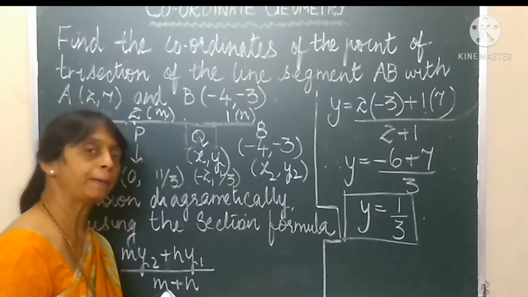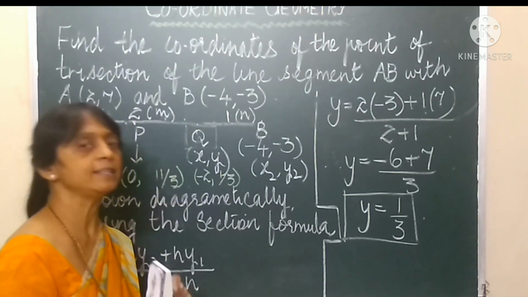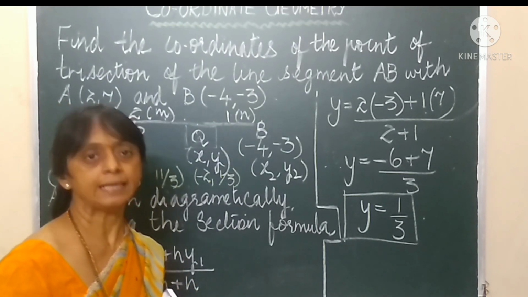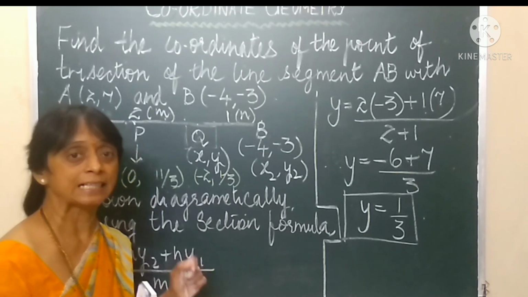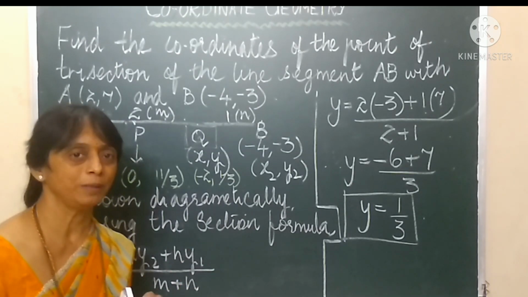So children, depending upon the problem, you have various methods to solve the given problem. But the answer lies for calculations in understanding logically which method and which formula has to be used.